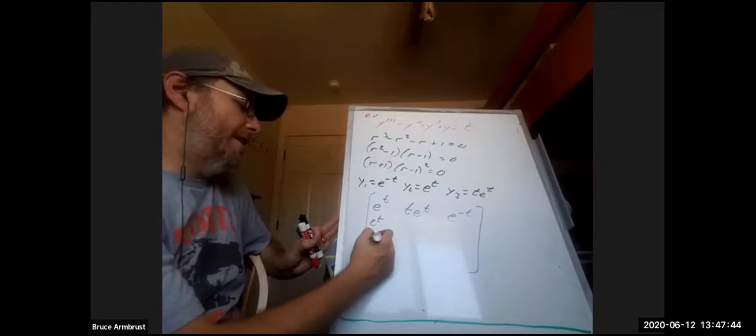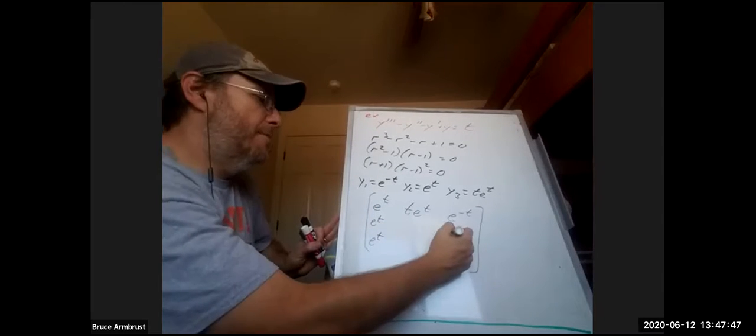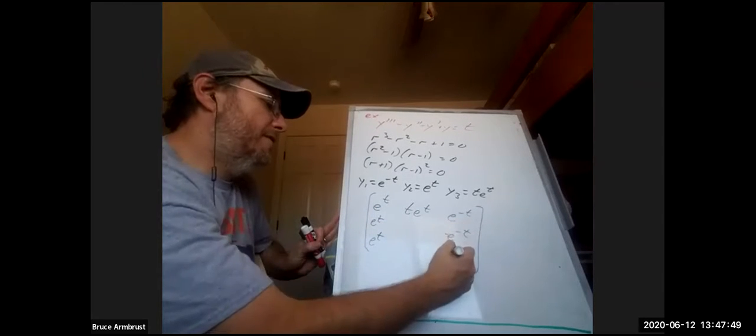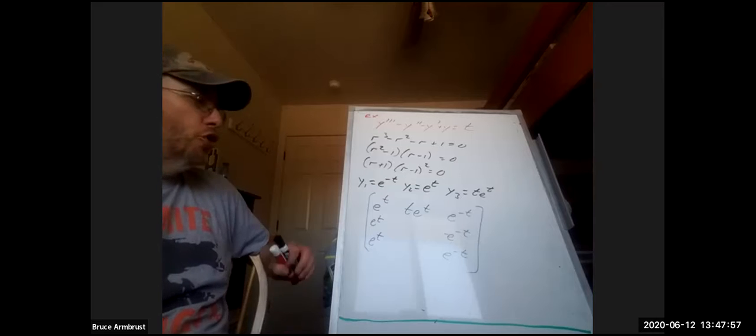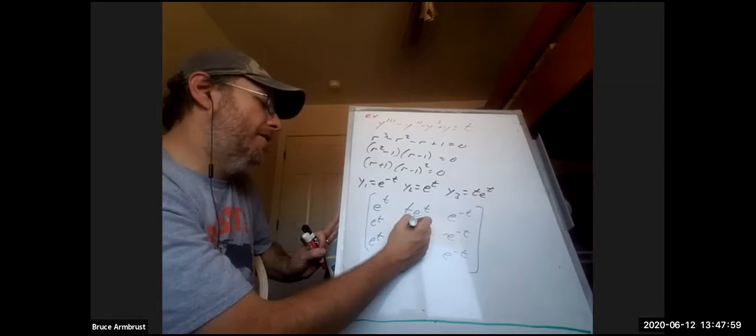All right, well, then let's see what our matrix is going to look like. So we need the derivatives. Well, that'll be e to the t and e to the t here, minus e to the minus t and plus e to the minus t in that third column. And then for the next one, for the t e to the t, this one we have to use the product rule, but I'm going to help us out a bit.